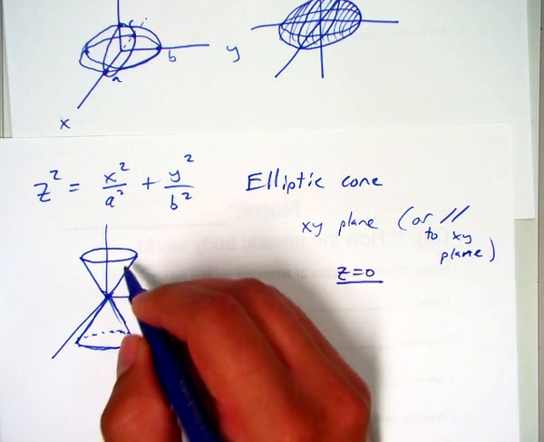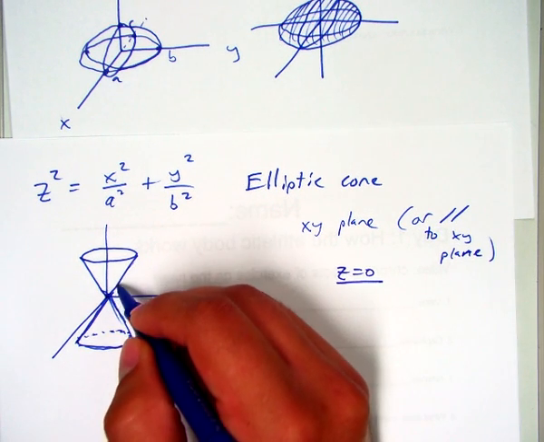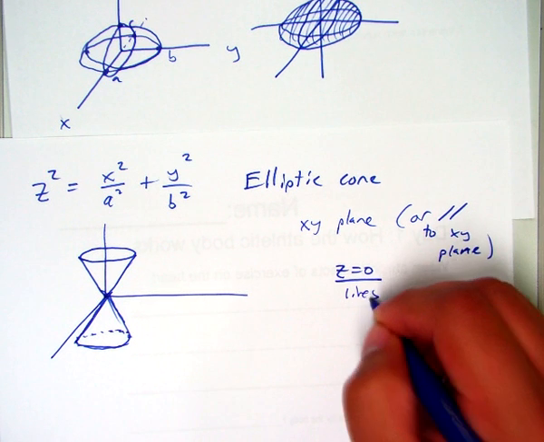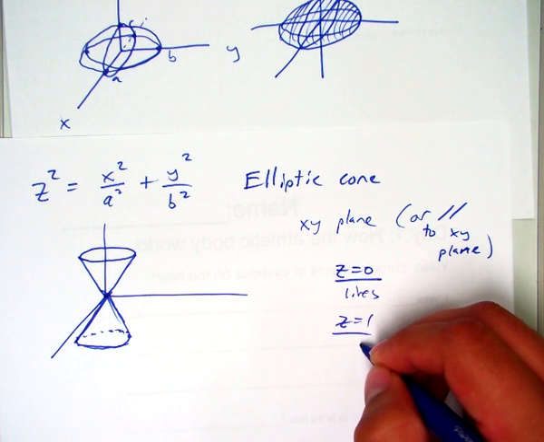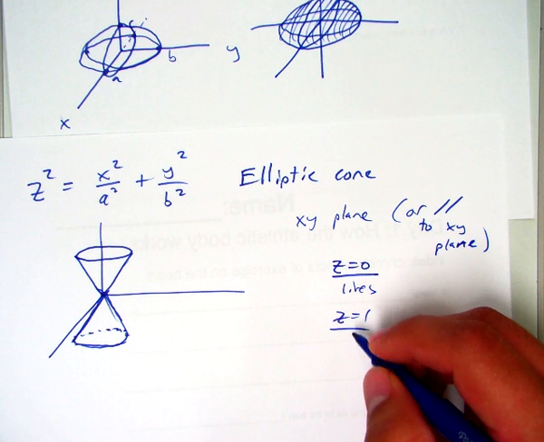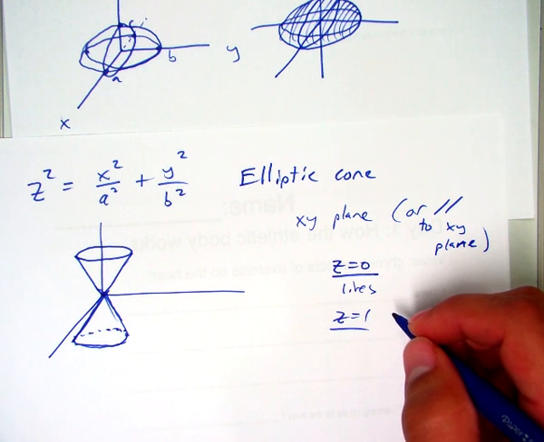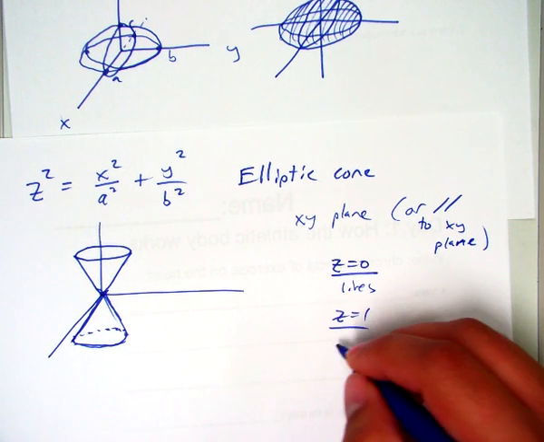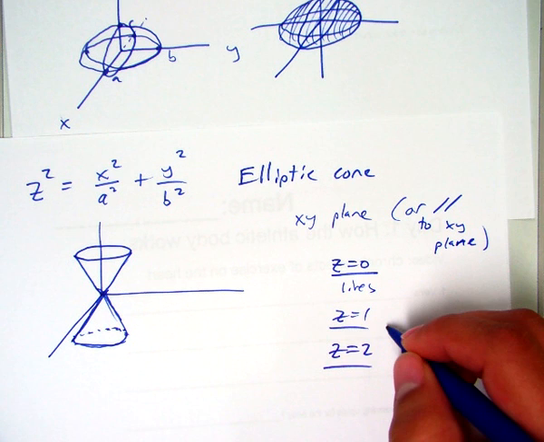When z equals 0, you actually get these lines. But as soon as we increase z to 1 or anything like that, now we get ellipses again, or circles, depending on whether a and b are the same.